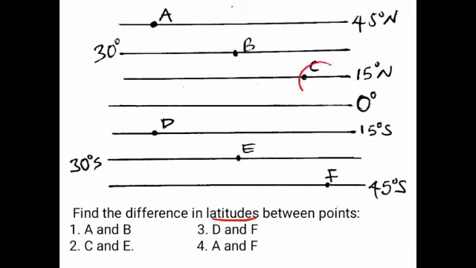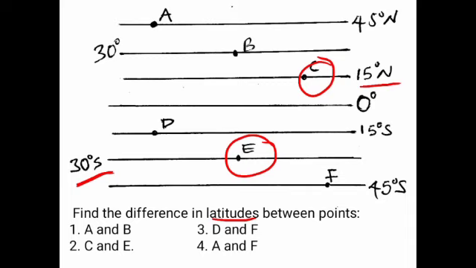Point C is right here and it's lying on 15 degrees north. And E is right here and it's lying on 30 degrees north. Sorry, 30 degrees south. Good. Now, we have seen that where C and E are lying on in respect to the latitudes, they are heading in opposite directions. Where C is lying, it's heading in the north, and where E is lying is heading on the south.